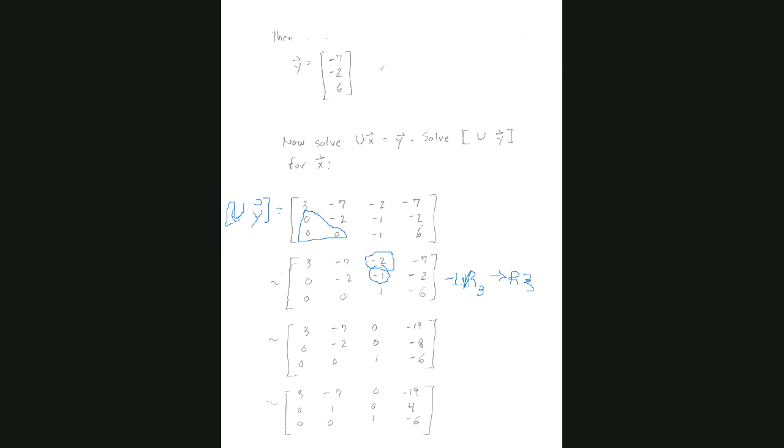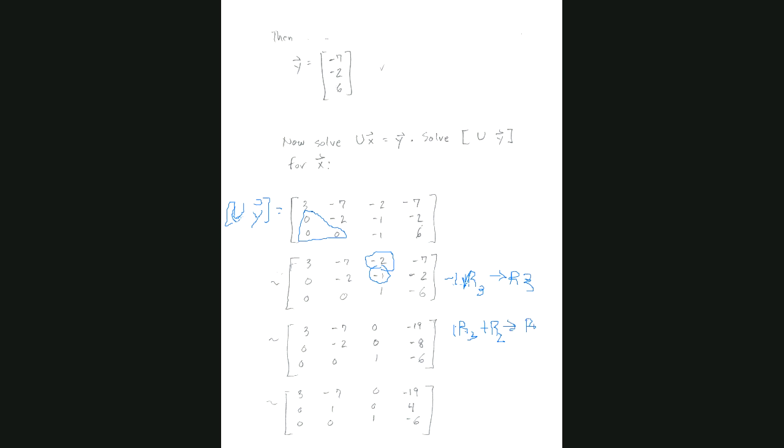So of course, I'll take 1 times the third row, that's right, thank you Solomon, and add it to row 2, and replace the second row by that result.